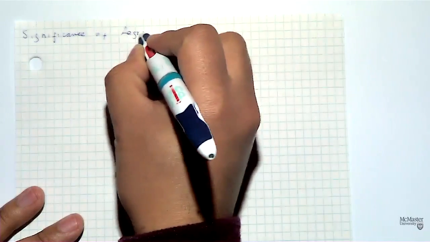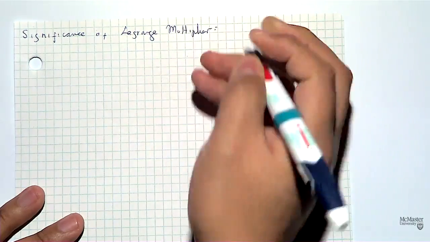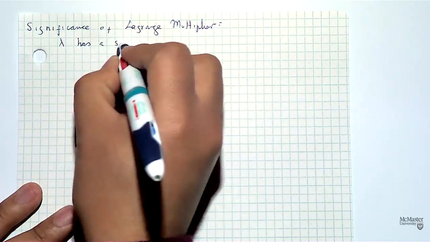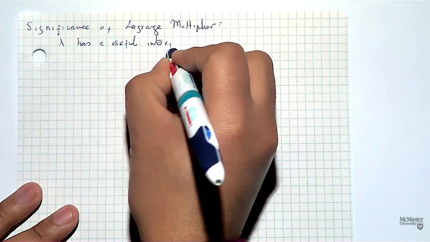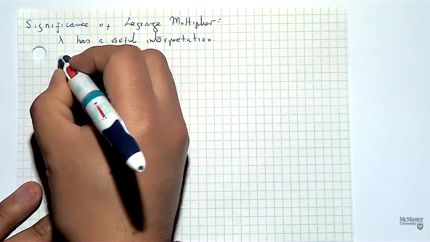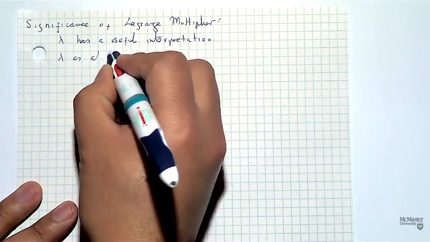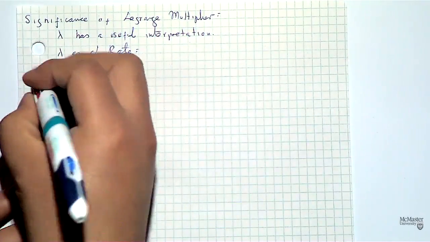of the Lagrange multiplier, you could say that lambda has a useful interpretation. And it's basically a rate. So the statement goes like this.